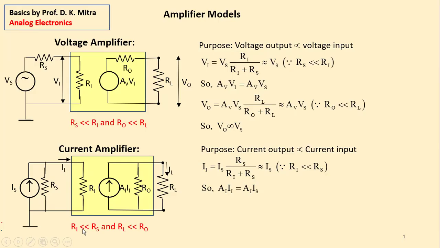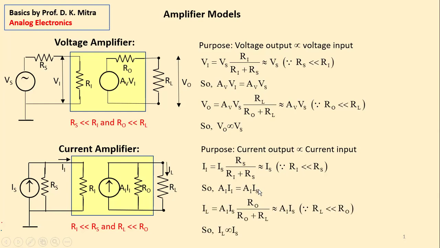Now we have seen here the condition of the design is Ri is much smaller than Rs. So if we ignore Ri, then this factor becomes almost equal to 1. So II becomes almost equal to Is. In that case, this current AIII is equal to AIIS.